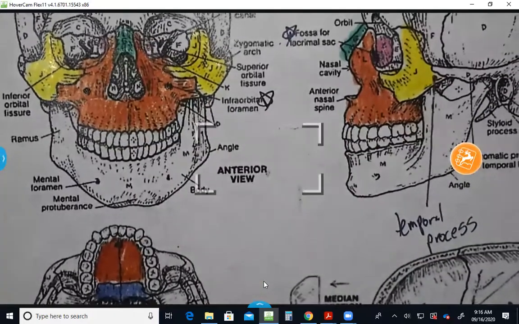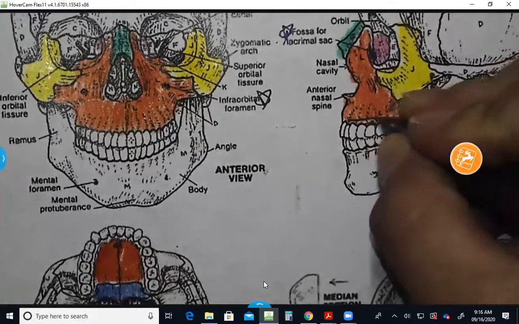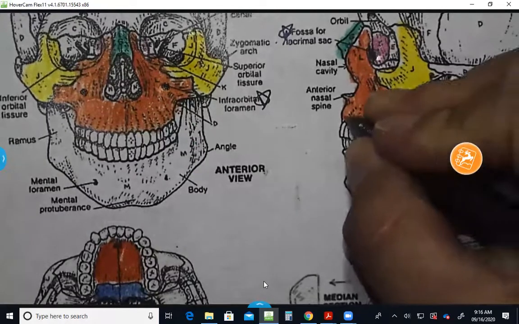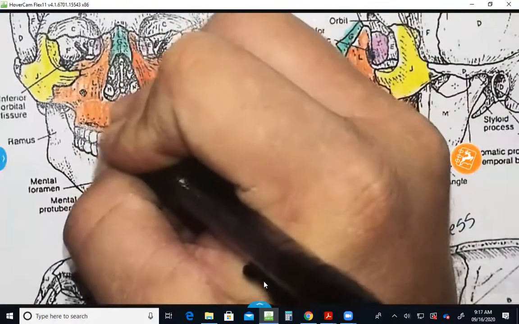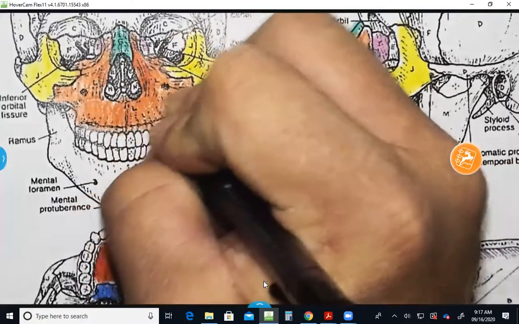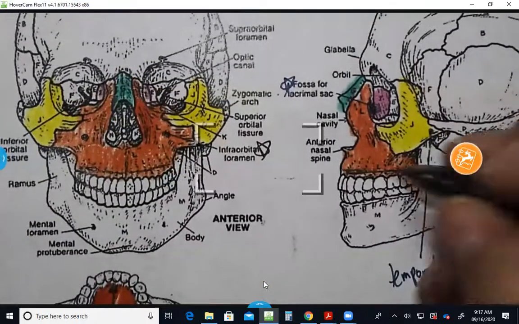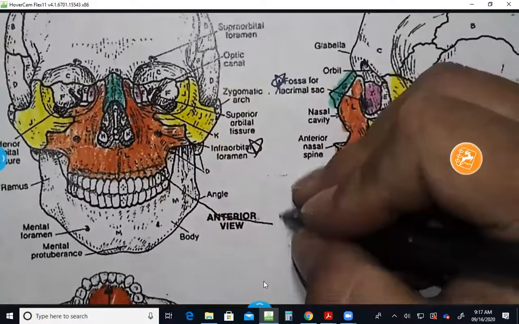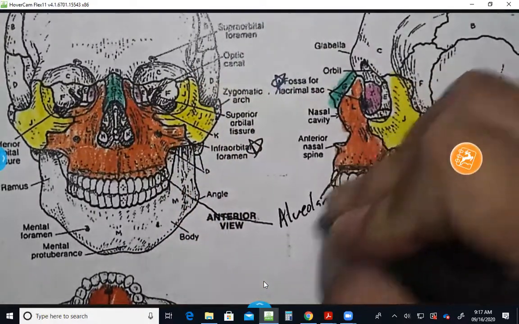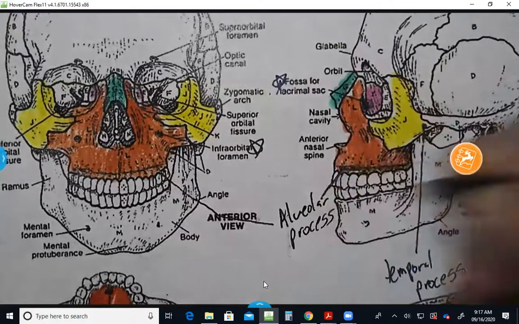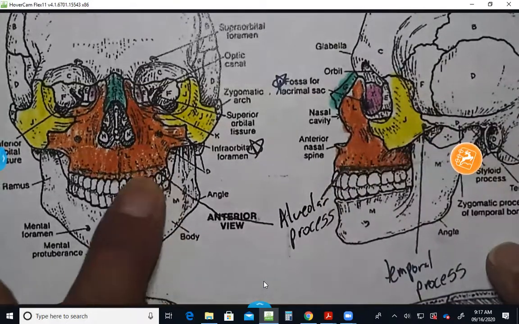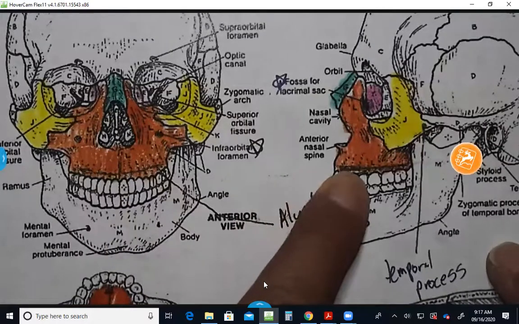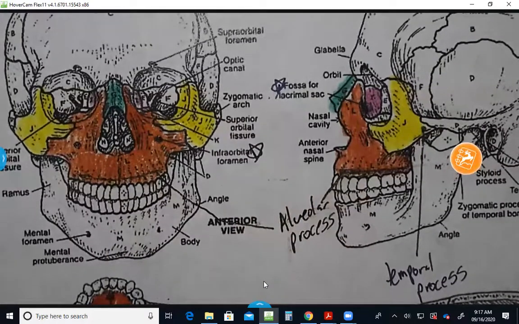There's also, and it's not labeled, so I just draw it in as a subtle line here, what we call an alveolar process, just the kind of bridge that comes across that supports our teeth.